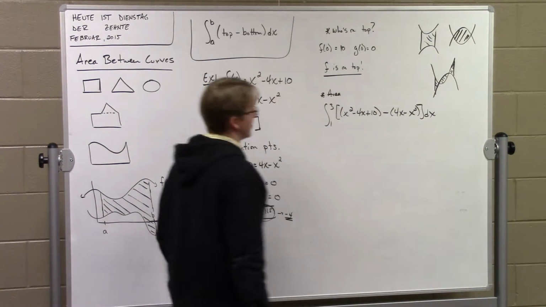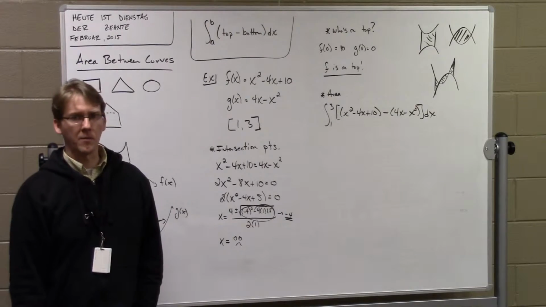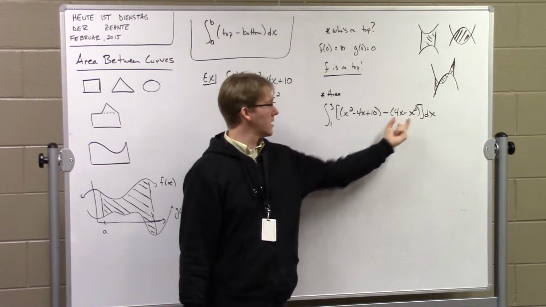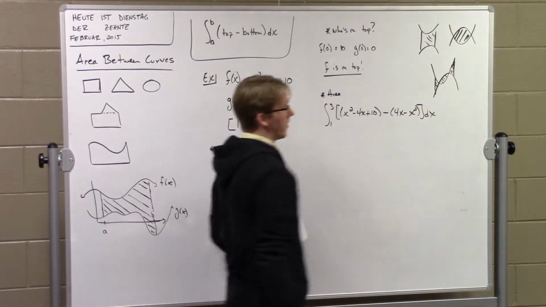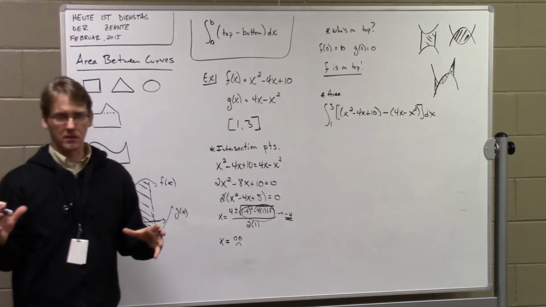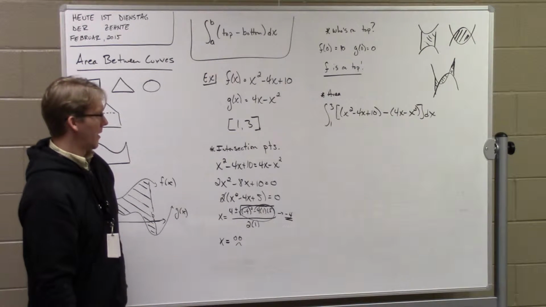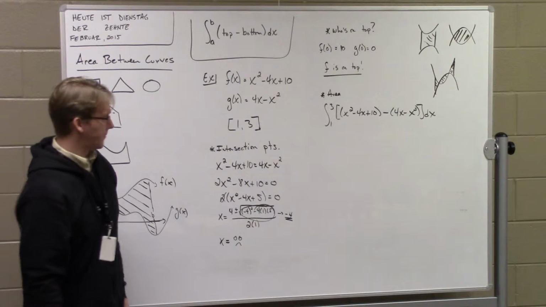Notice how many parentheses and brackets I have in this problem. That's about how many you would need. One to isolate the f, one to isolate the g, and then one more around all of it to say everything is inside the integral. So please don't skimp on your parentheses, brackets, braces, whatever.